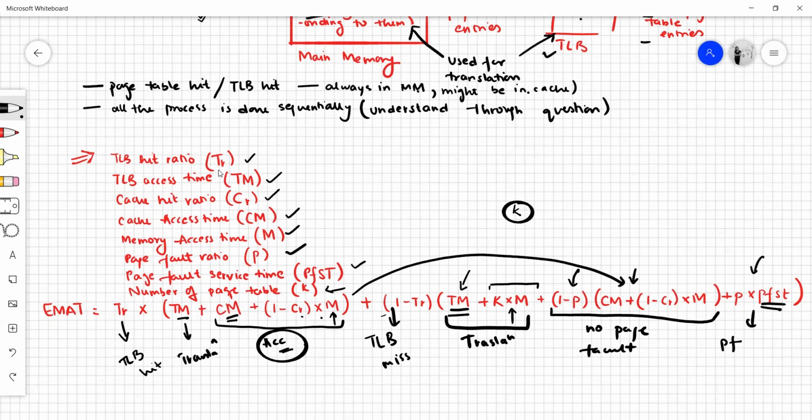So this is all that you need to know to solve any EMAT questions. According to whichever values are given, you put them in the formula. If some values are not given, consider them as 0, and then also you'll find the answer correctly.